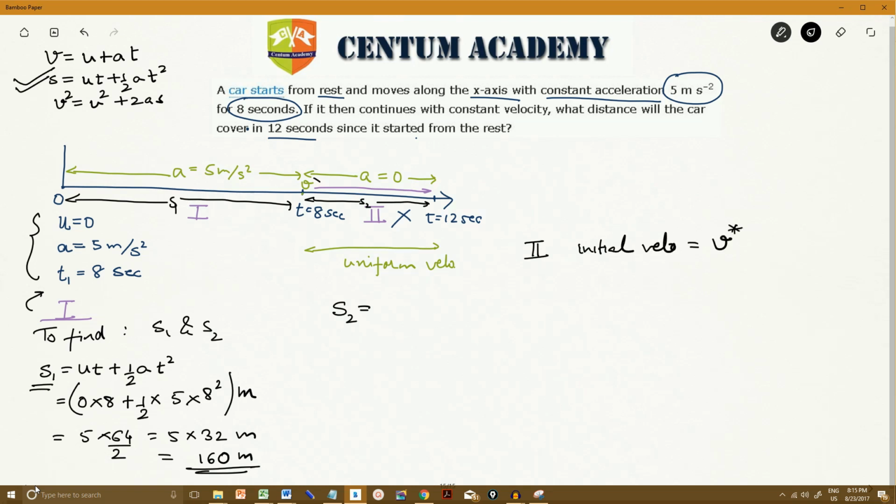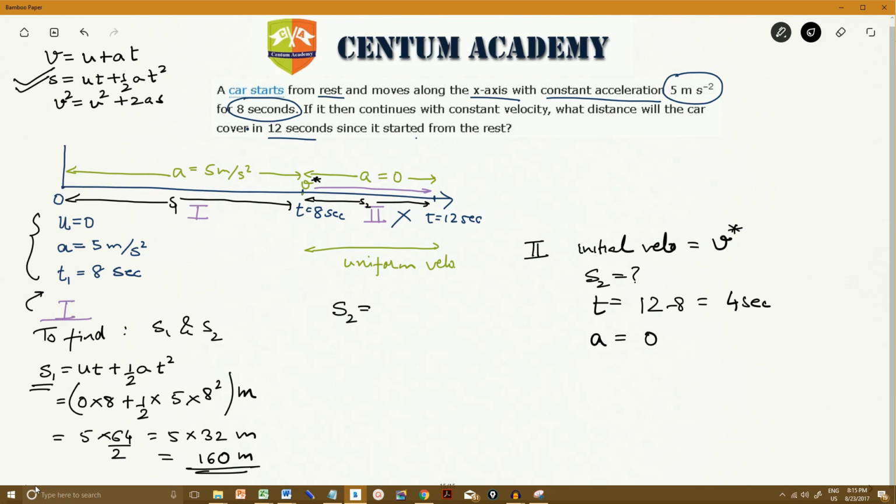This v here, right? Then we have to find S2, which is unknown. Time is nothing but how much time the body took to go from this point to this point. Obviously t is equal to 12 minus 8, that is 4 seconds. Now S2 is unknown. a is given as 0. Why? Because it's a case of uniform velocity.